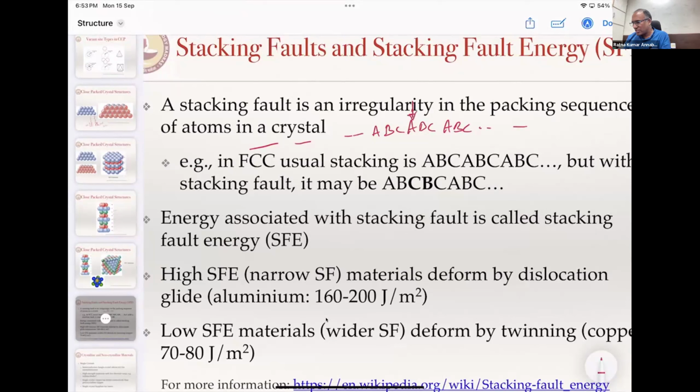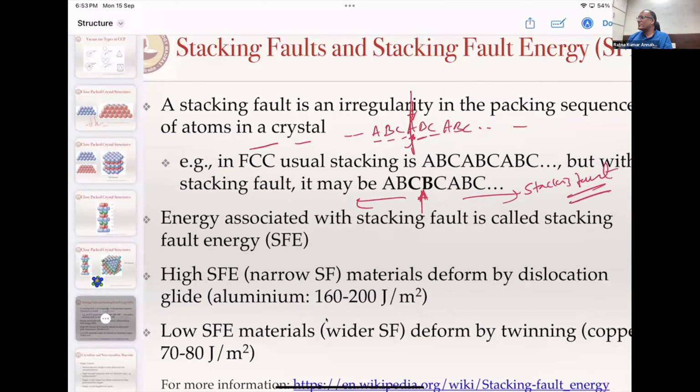That means first layer is A, B, C. Next you should actually put an A layer. But if that is missing and next comes a BC layer, then that is what is called a stacking fault. Normally it should have been ABC, ABC, ABC. And now you see that the layer A is missing here. But afterwards it continued.